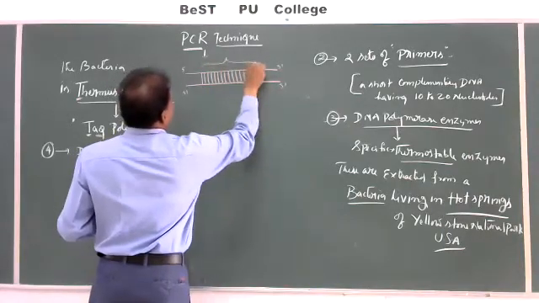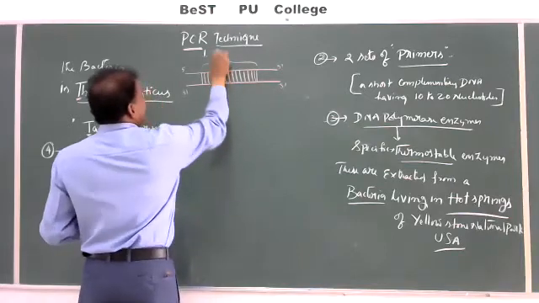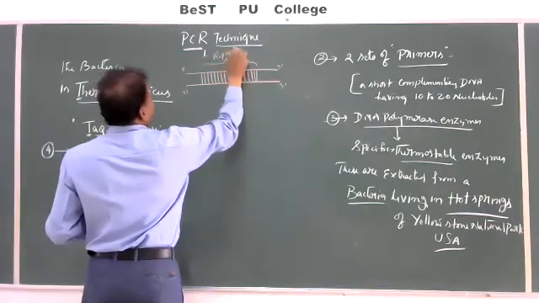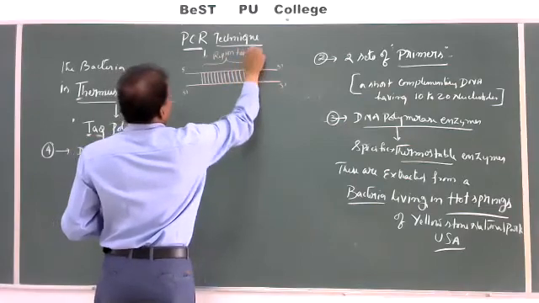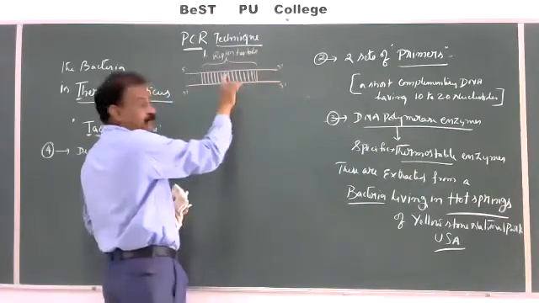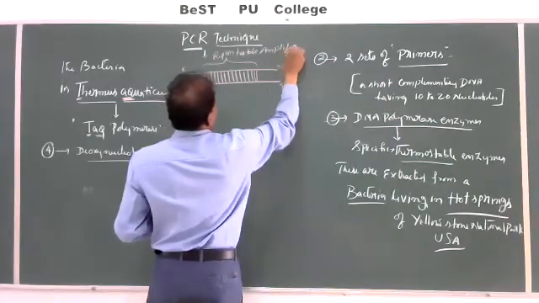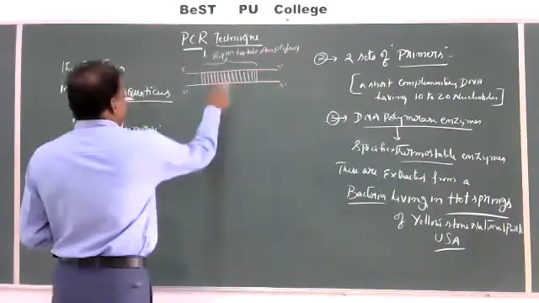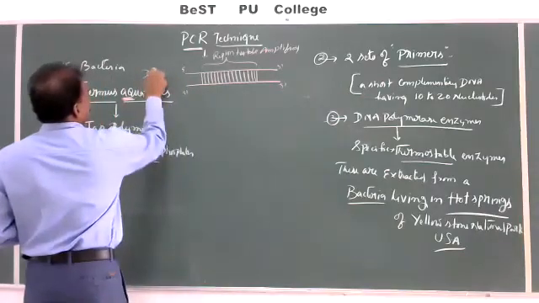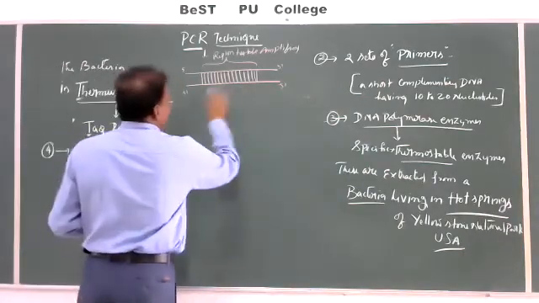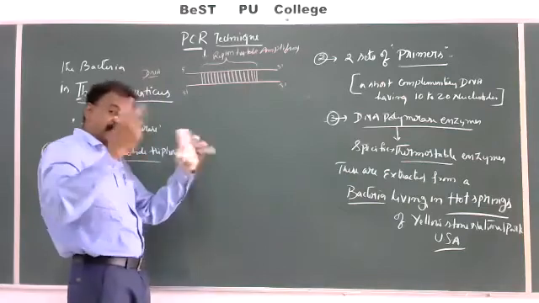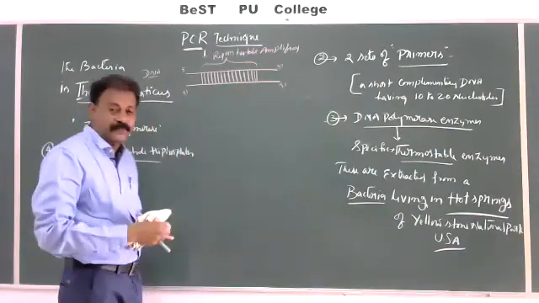This is the area, the region that has to be amplified. It is clearly given in the textbook. Now this is the DNA, and this region has to be amplified into many hundreds, thousands, millions, billions of copies.